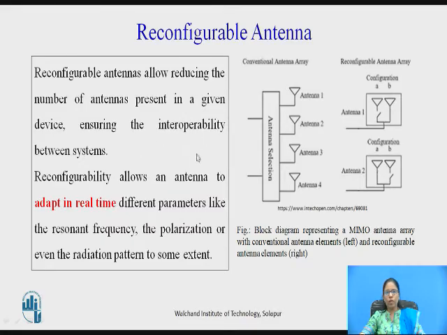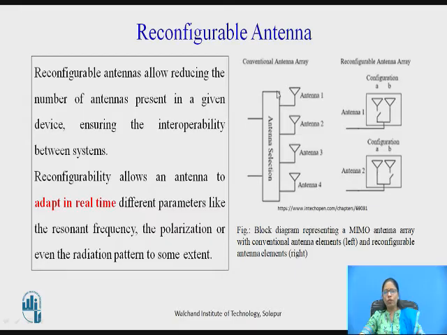Reconfiguration allows an antenna to adapt in real time to different parameters like resonant frequency, polarization, radiation pattern, etc. Here you can see I have shown the array or MIMO antenna on this side, and on this side there is a reconfigurable antenna. In the multiple input, multiple output kind of antenna, a number of antennas are connected that form an array, and there is an antenna selection network.